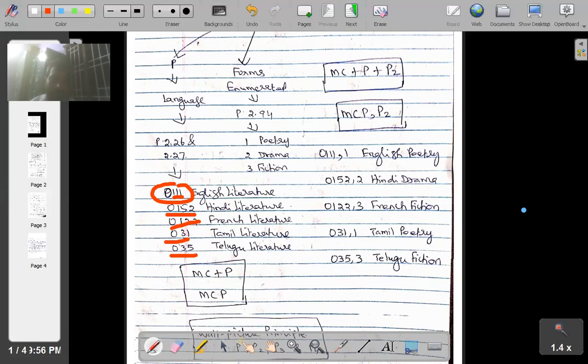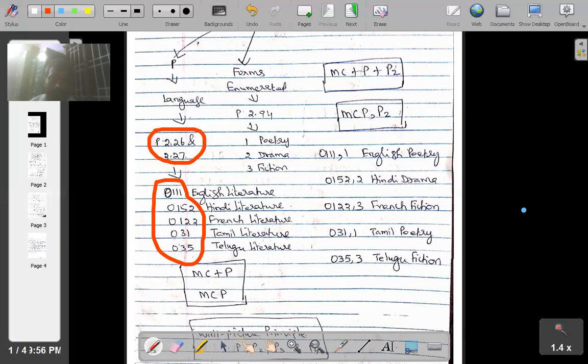So main class and personality: when you're adding a personality to the main class, there is no need for the connecting symbol. So main class, then P. That is the answer you got for all these titles. The titles which have O as a main class and the number for the language, taken from the language schedule, which is available on two pages, 2.26 and 2.27.